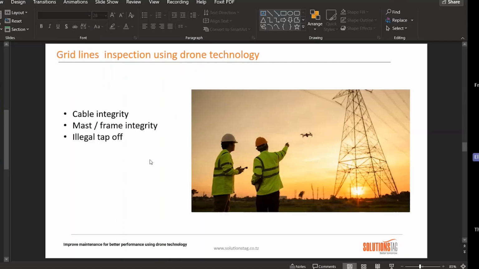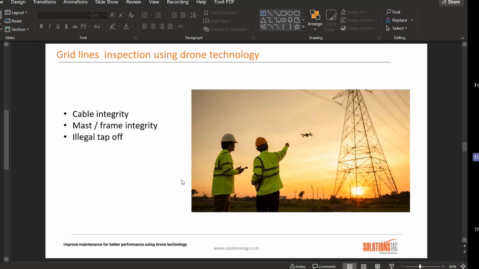But also we have grid line inspection using drones. For this one, we know the rights of way can go hundreds of kilometers without close supervision. So using a drone, you can inspect all that area in one day or even less than one day.